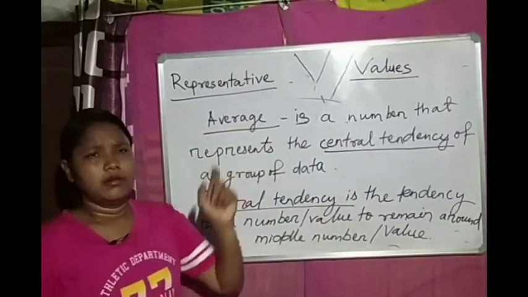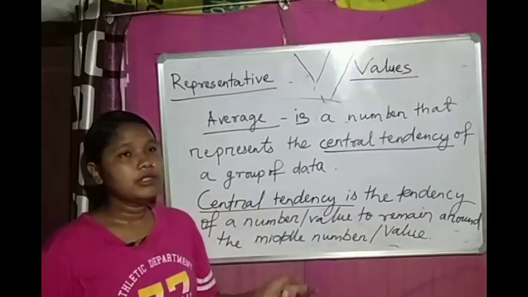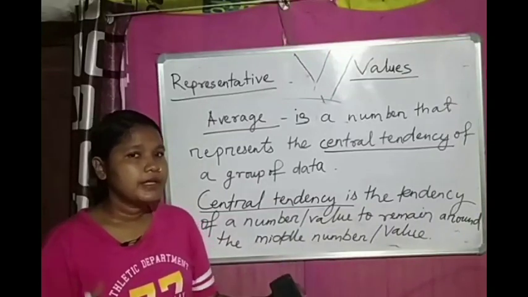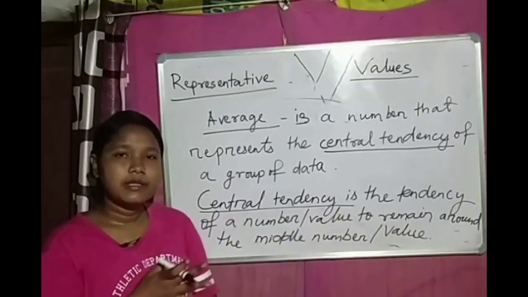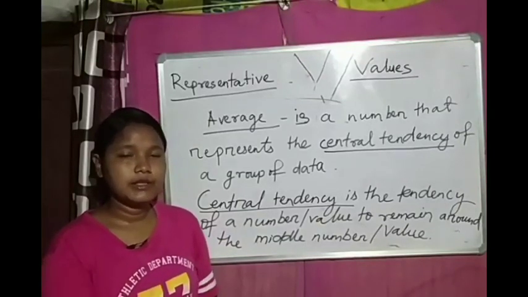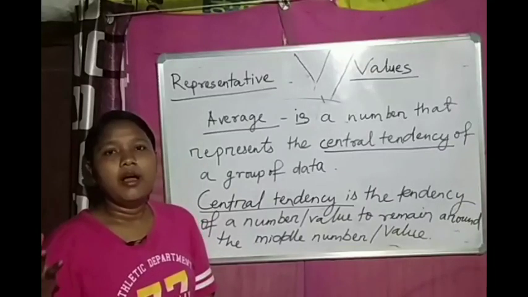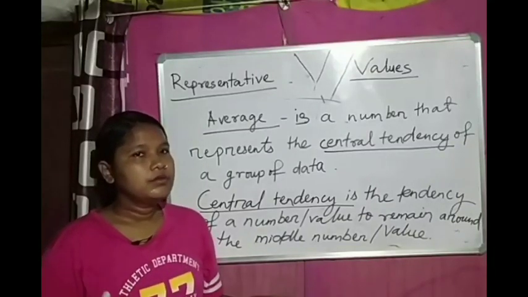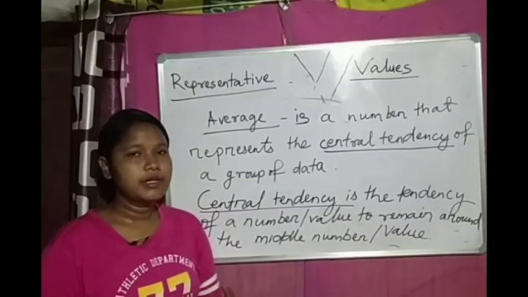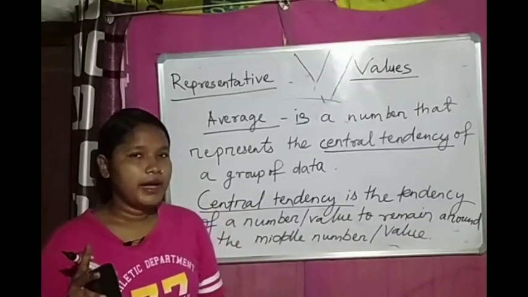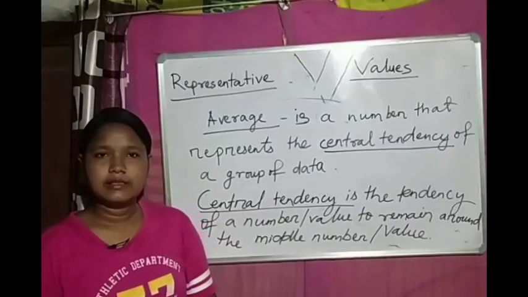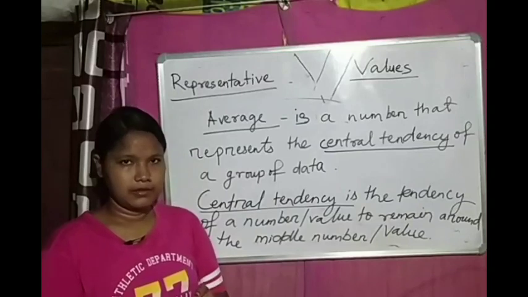Okay, so here are two terms. First is average. We have studied that sometimes the average rainfall of this year is this much, the average temperature of the day is this much. You are all studying in 7th class. All students of 7th class do not have the same age, because somebody is 12, somebody is 13, somebody is 14, or somebody is 11 also.